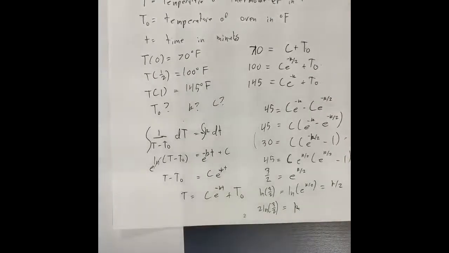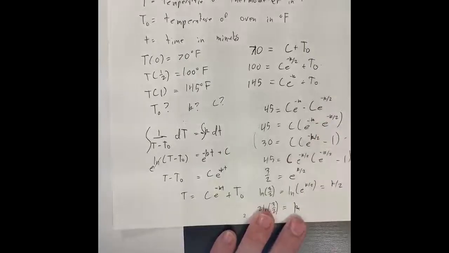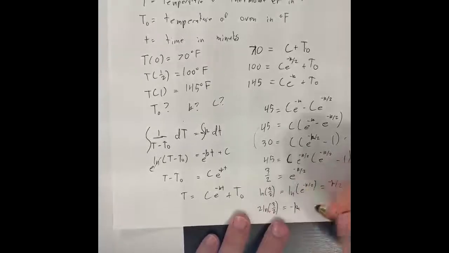When I factor out this e to the k over 2, that'll look something like that. So we would add those two things together. That would get us e to the negative k. All right. Negative, negative, negative. So then this is negative, and that becomes a negative here.